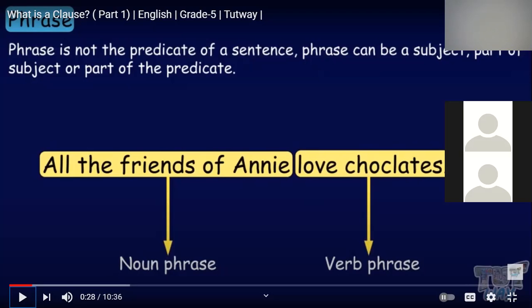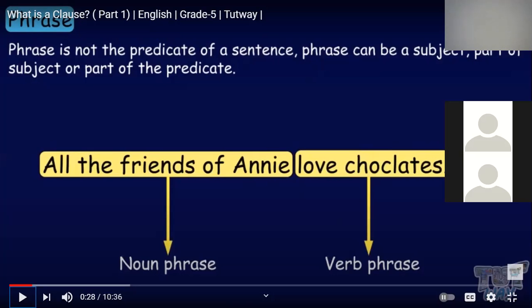So focus. The predicate is the verb of the sentence. A phrase is not the predicate; it may be the subject of the sentence, part of the subject, or part of the predicate.